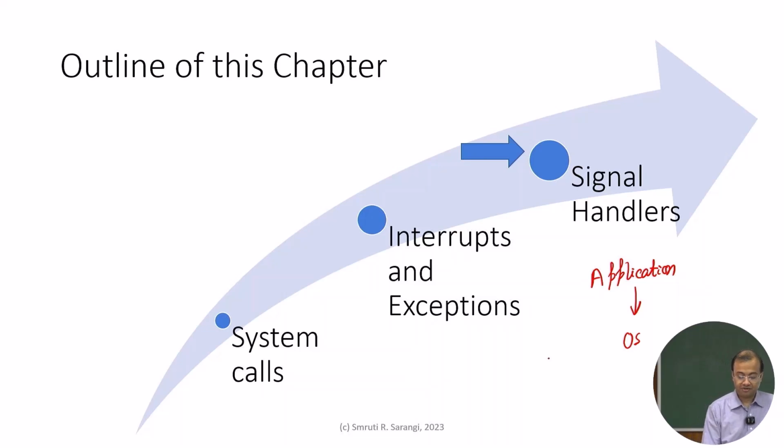That was a system call. And even an exception is also when the application does something and something goes wrong. When the hardware sends a message to the OS, that was an interrupt. Needless to say, these were messages that were going into the OS, right? And OS in this case means the kernel.